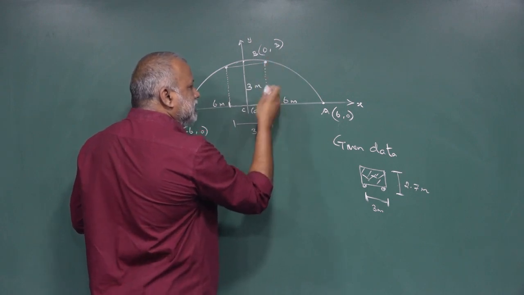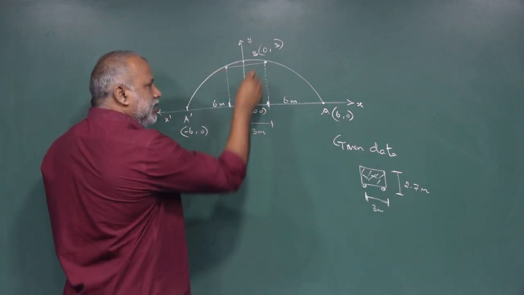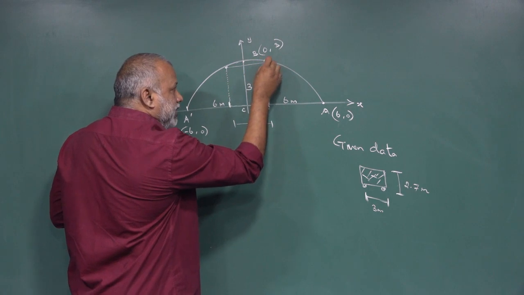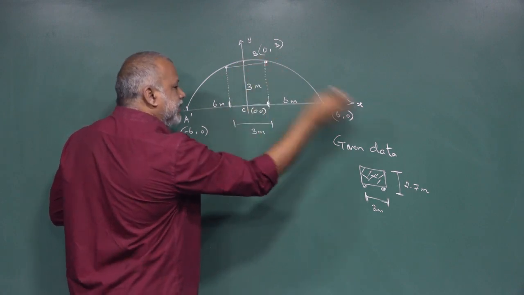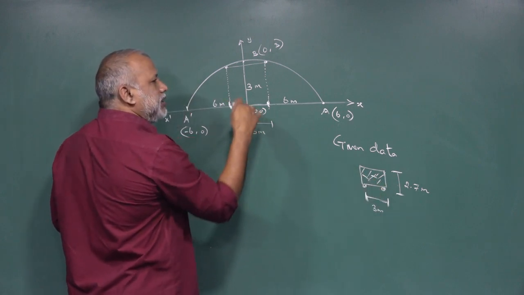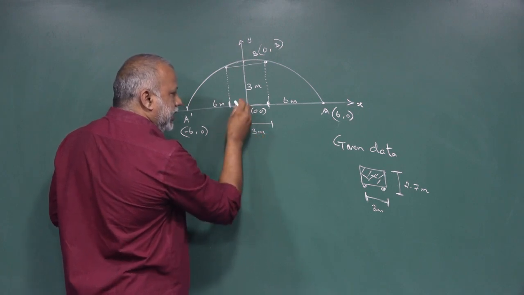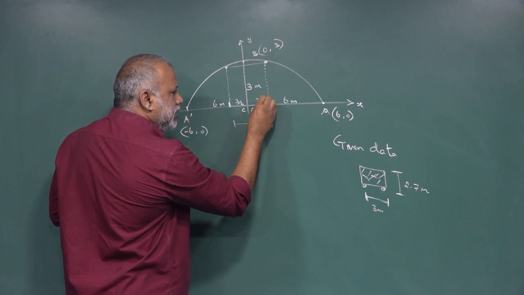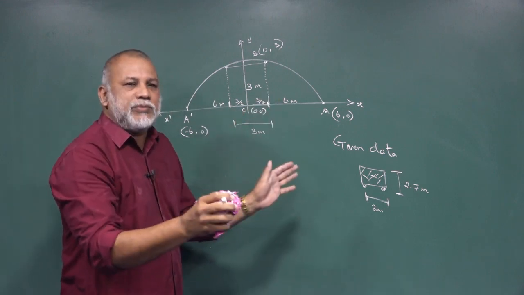If the height is greater than 2.7 meter, the height of the truck already given, then the truck will pass through this path. That is the question. See here, 3 meter, so I can write 3 by 2 here, 3 by 2 here. The reason is from the center, it is equidistant, equally spaced.